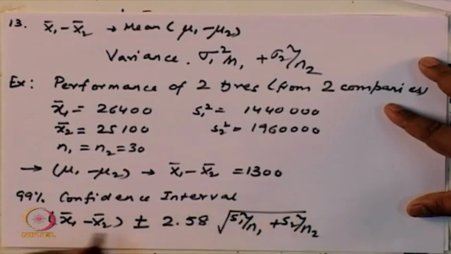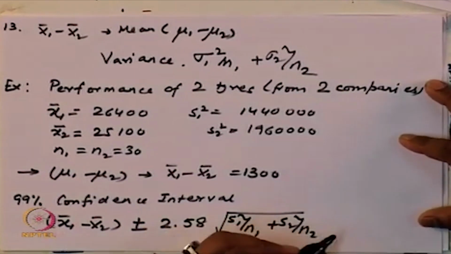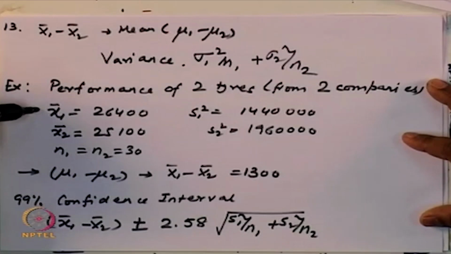If you plug in the values and you see this is always positive, then this would mean that the tire from company 1 is going to be better than the tire from company 2.